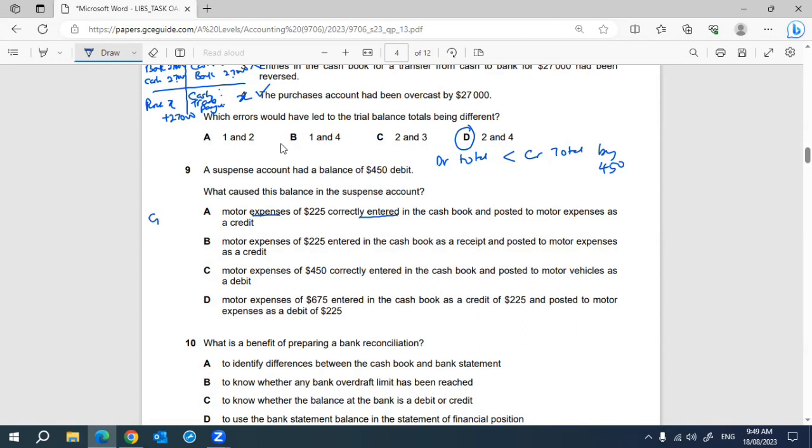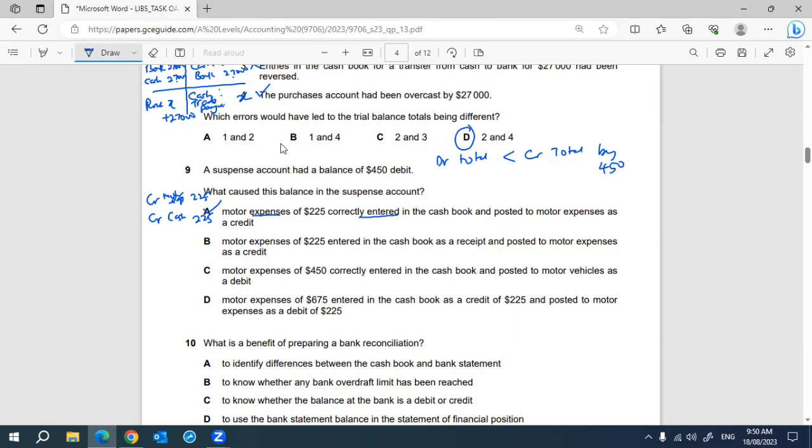That means we have correctly credited the cash book with the correct amount. But we have also credited motor expense with the correct amount, but it's on the wrong side. So you need to double this amount to move it back to the debit side. So therefore, A is the answer. But let's look at other options as well.